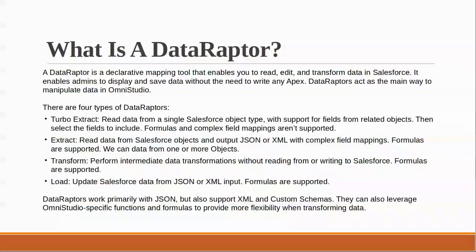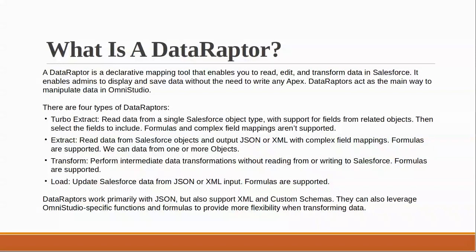Then we have Transform, which is the third DataRaptor. Basically, it is used to do immediate data transformation without reading or writing Salesforce data. What we mean by that, as I mentioned, is that DataRaptor is an ETL tool which works on Salesforce data. But for transformation, it doesn't require that the data has to reside in Salesforce.